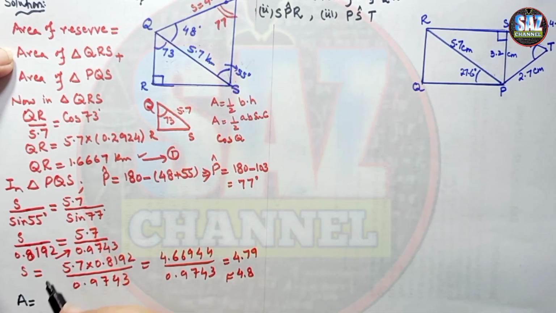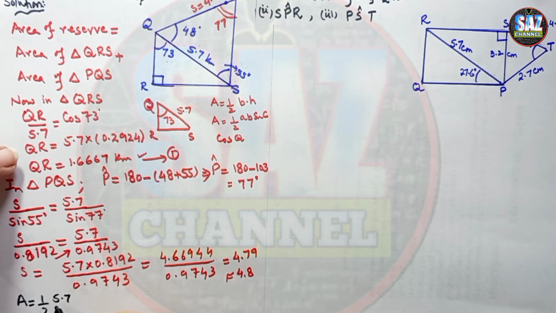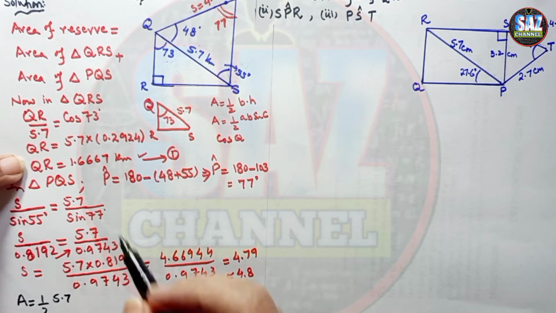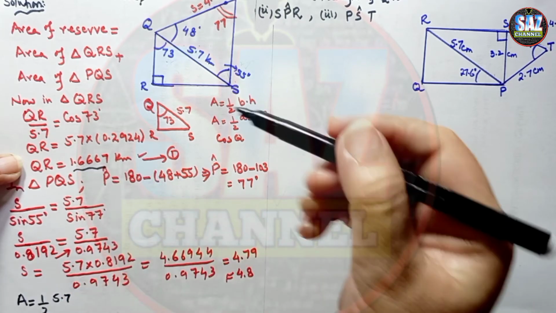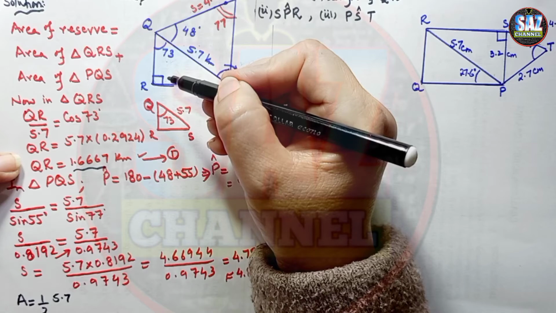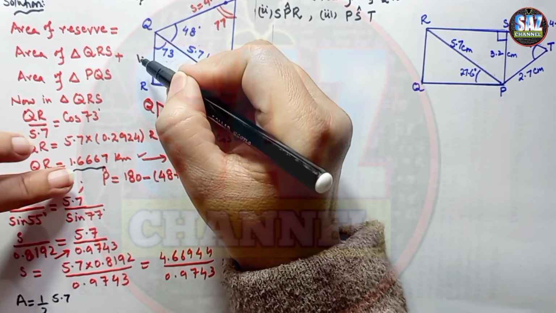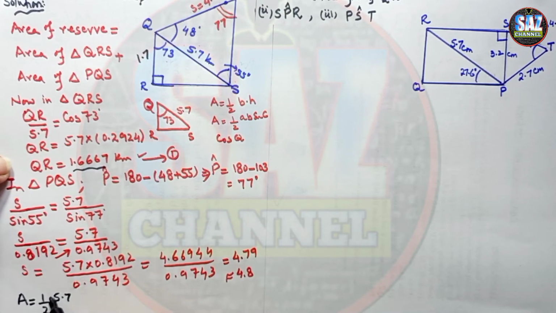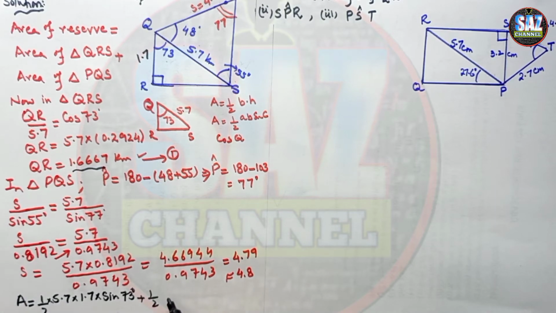That is half into 5.7 multiplied by QR side, which is 1.66 kilometers, or I can write it approximately as 1.7, multiplied by sine 73 degrees, plus half into 4.8 multiplied by 5.7 multiplied by sine 48 degrees.